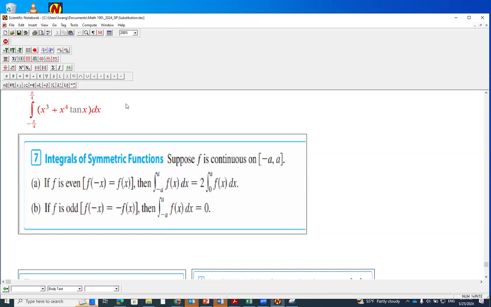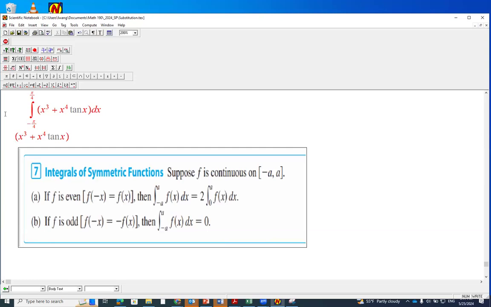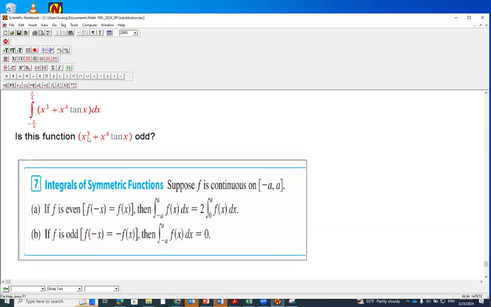But sometimes we need to take a break to say, wait a minute, we have an interval from negative a to positive a. The next question is, is this function odd? It looks like it is.